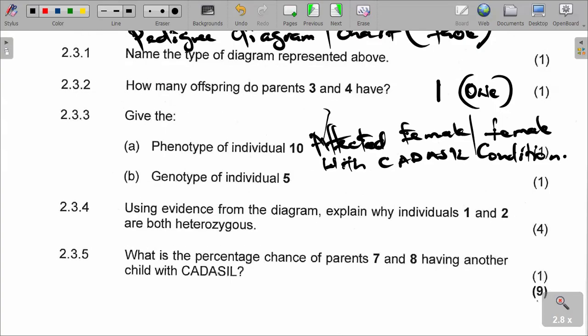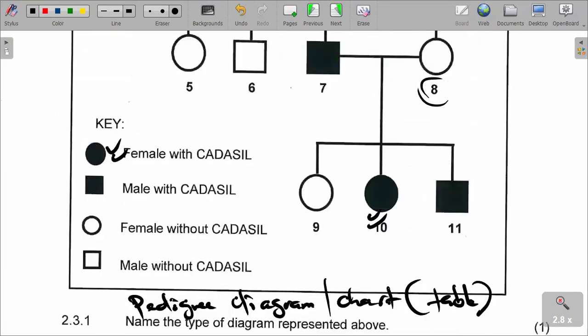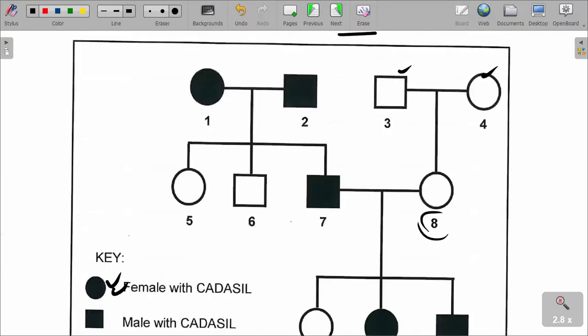And then the genotype of individual 5. We are seeing here an affected mother marrying an affected father. Both of them are affected.